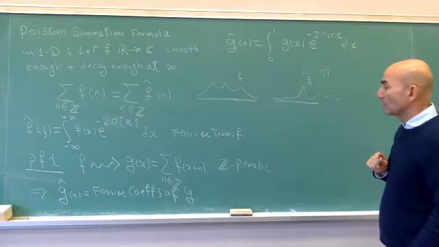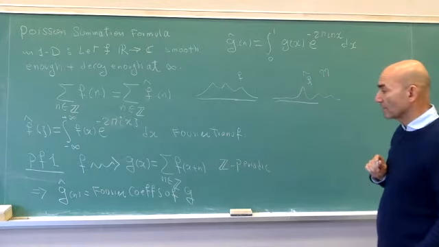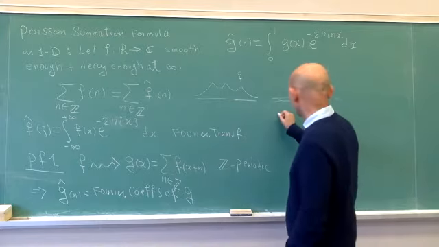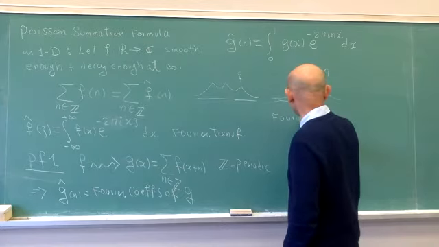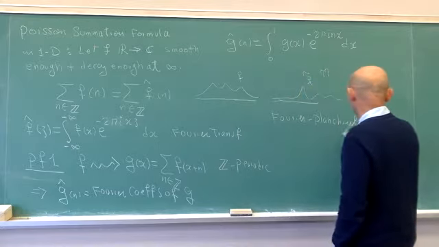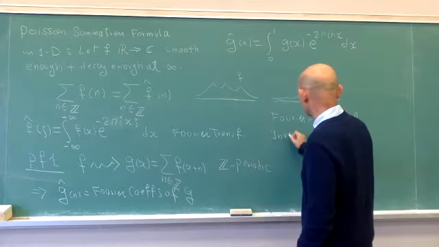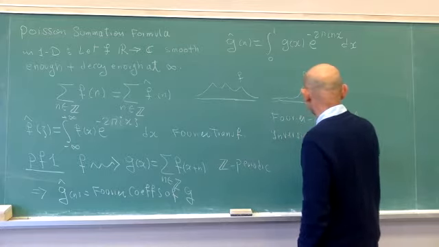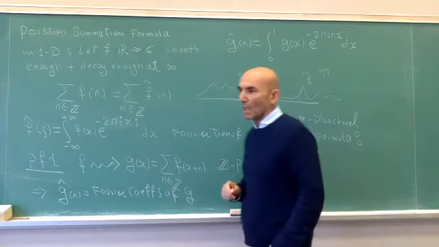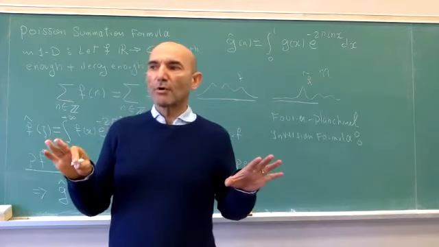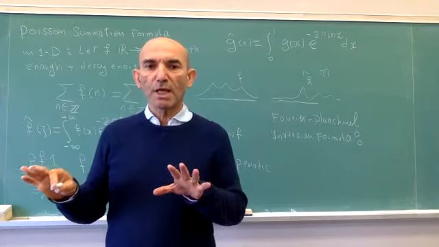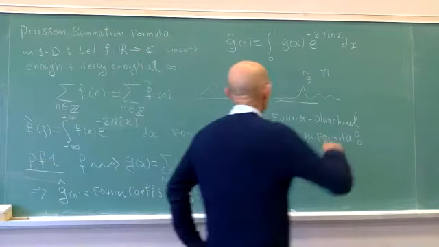And then what you use again is a general fact, the Fourier inversion formula, or Plancherel's formula. What does it say? It says that you can write your periodic function g in terms of the Fourier coefficients and the fundamental characters.